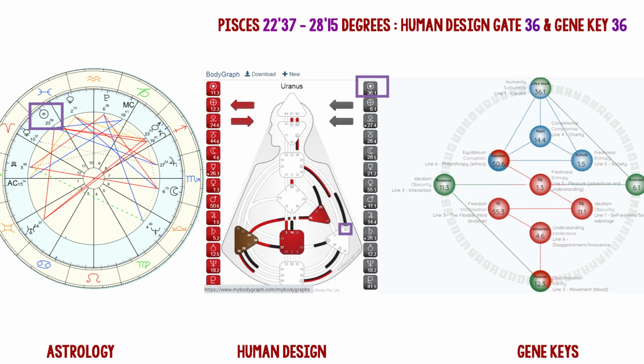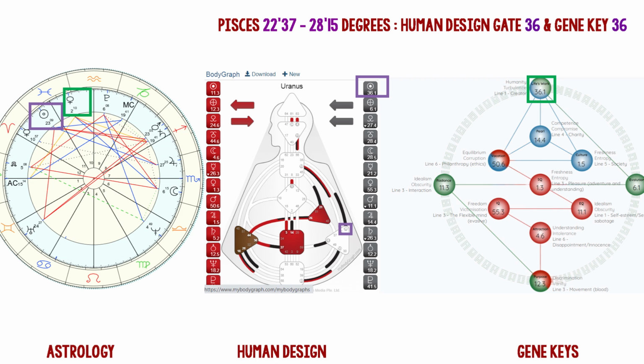The numbers after the gate, for example 36.1 for the sun, show the line in human design, which you don't need to worry about right now because it's not part of this series. In the gene keys, the number at the top, life's work, is also 36, because your life's work corresponds with the sun. So you can see how the archetype overlaps between all three systems.